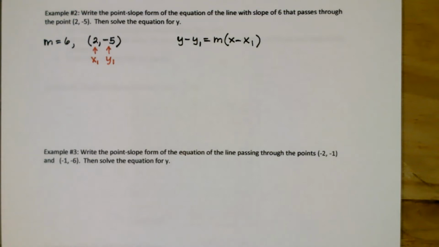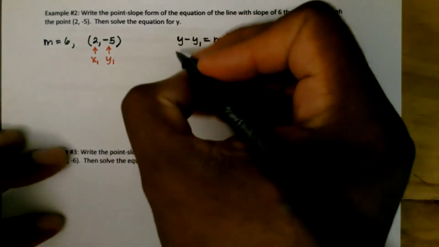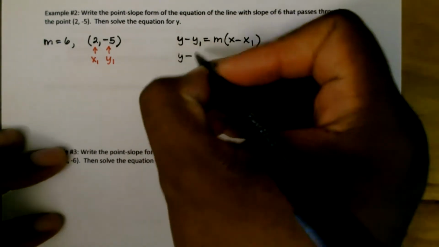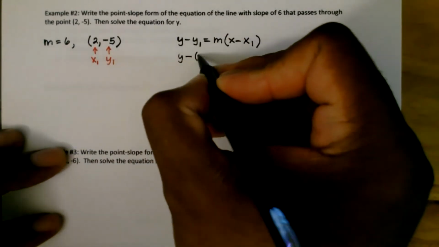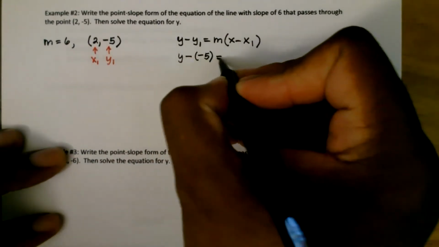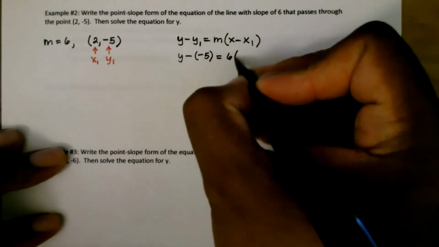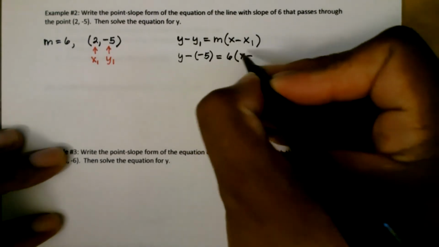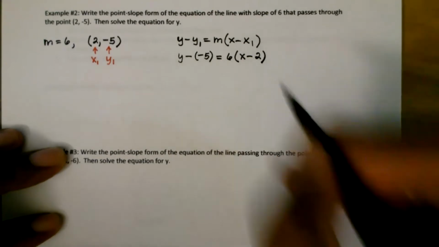And then we substitute the m, the x1, and the y1 in that point slope form. So in this case, y minus y1 is going to be -5. That's equal to m, the slope, which is 6, times x minus x1. That's going to be 2.